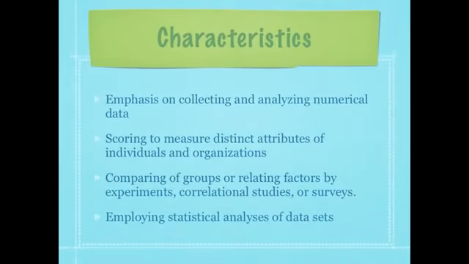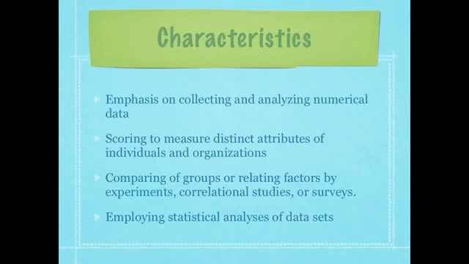Now, some of the characteristics of quantitative data include an emphasis on collecting and analyzing numerical data. Things must be quantified. They must be put into data form. They must be measured. Scoring measures distinct attributes of individuals and organizations. What that means is that the researcher already knows what is to be measured.